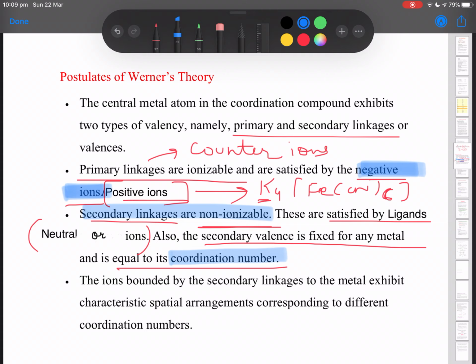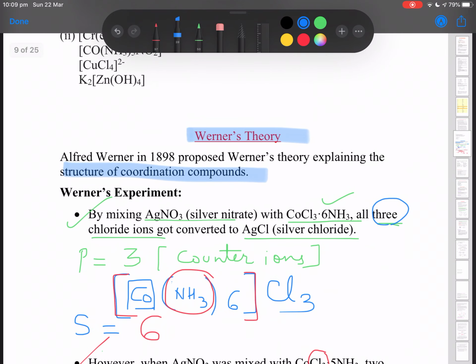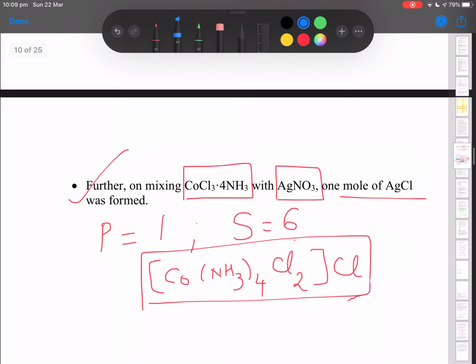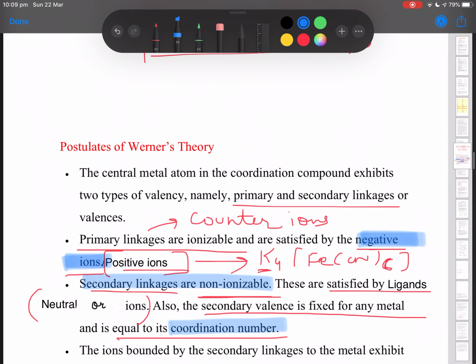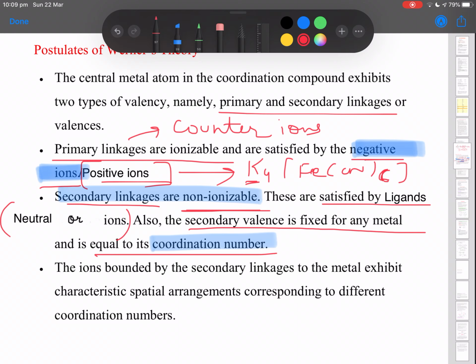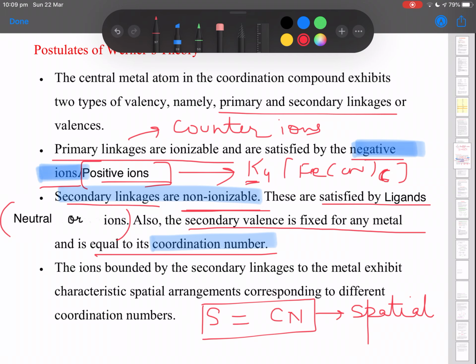And in all these examples which I worked out for you, the experiments which he did, you could easily see the coordination number was 6, because the secondary valency was 6. Hence he made it very clear that secondary valency is equal to coordination number. And once you get to know the coordination number, you can talk about the spatial arrangement of atoms or the ligands around the metal.